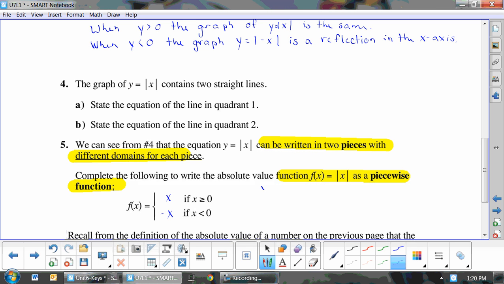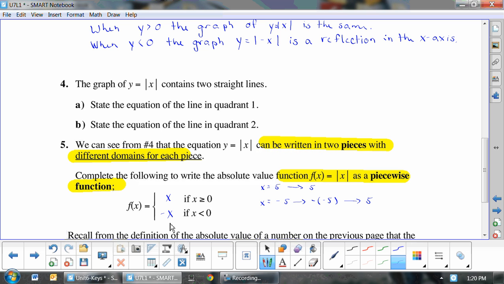So for example, if x is equal to 5, you say, oh, that's pretty easy, it just stays as 5 because x is greater than 0. But if we say x is equal to negative 5, then we can say, oh, well, when x is equal to negative 5, we have to substitute that into negative x. So we say negative 5, like that, which becomes positive 5 again.